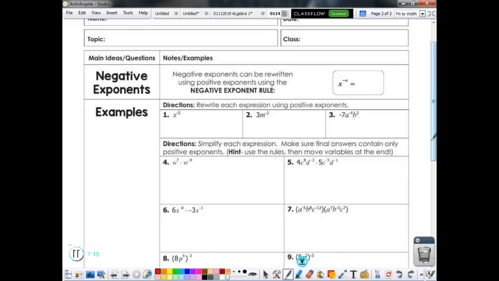So here I have x raised to the negative 5. Basically, to get rid of the negative, it's still going to be x to the 5, but instead of it being on the numerator like this, because everything is technically divided by 1, we just don't write it, we're going to flip it. It's now going to be 1 divided by x raised to the 5th power. You keep the 5, but to get rid of the negative, you put it on the bottom. Does that make sense?